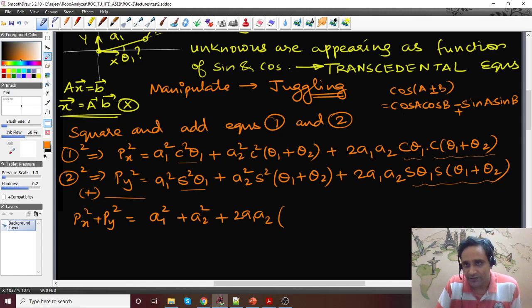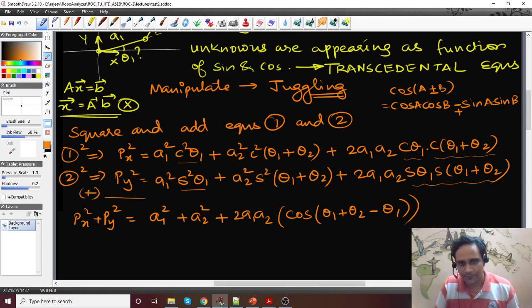So this is what is shown here. We have a1 a2 common, cos a cos b plus sine a sine b, which will be cos of a minus b. You can take either of them as a, so I'll take the second one as a: theta 1 plus theta 2 minus theta 1, a minus b. So this is what we have here.